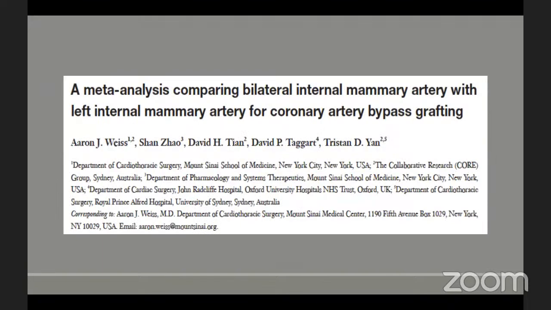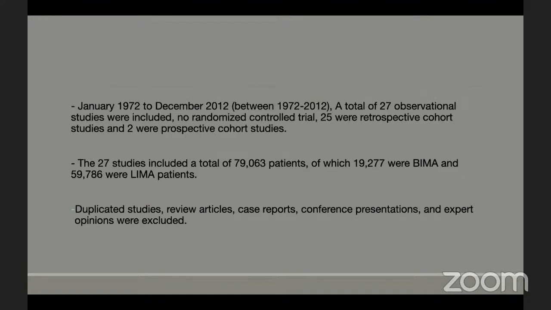Okay, in this article, a meta-analysis comparing bilateral internal mammary artery with left internal mammary artery for coronary artery bypass grafting, between January 1972 and December 2012, a total of 27 observational studies were included. No randomized controlled trials; 24 were retrospective cohort studies and 2 were prospective cohort studies.